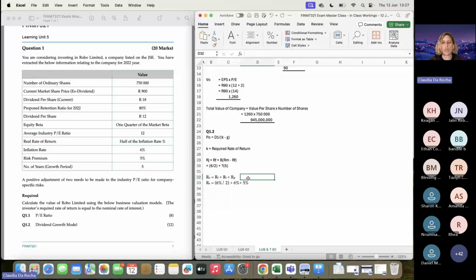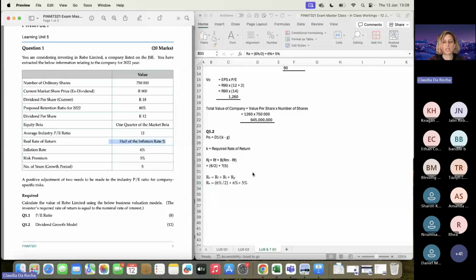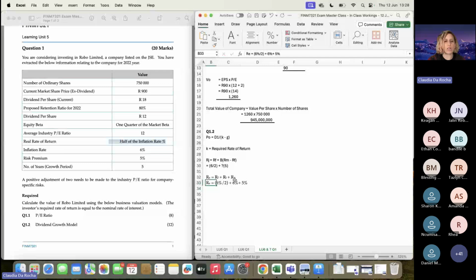So in essence, what we've done is we've said RE is equal to RF plus RI plus RP. RE is then equal to the 6%, divided by the 2. And why are we saying 2? Because we said half of inflation rate. We then take into account our inflation of 6 and then the risk premium of 5. Okay, so what does that give us?